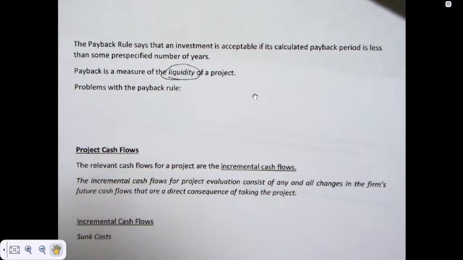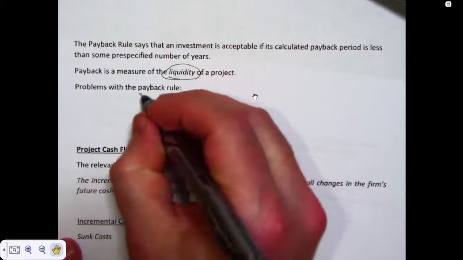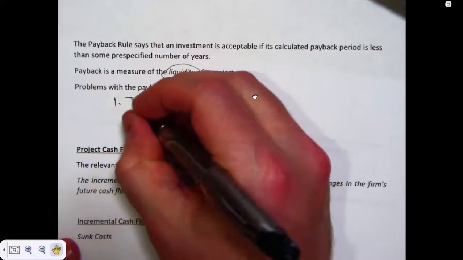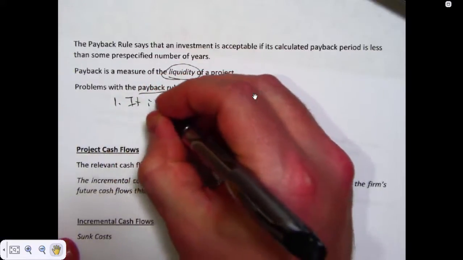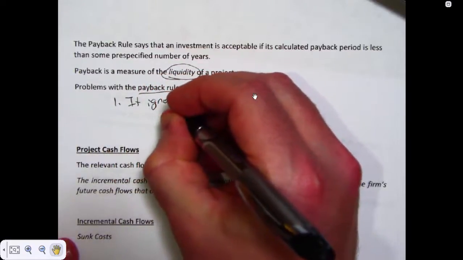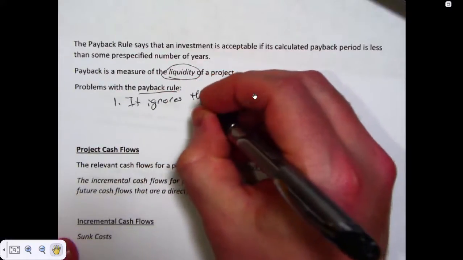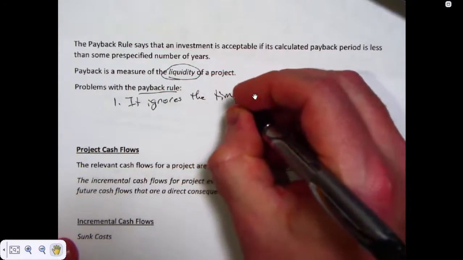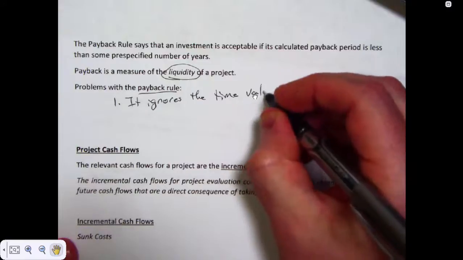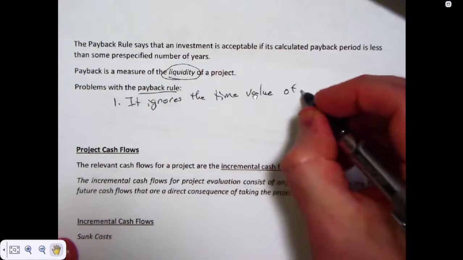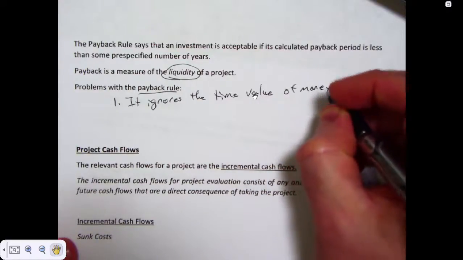There are 2 problems with the payback rule as a method. One, it ignores the time value of money. We don't discount back the cash flows. There is a method called the discounted payback method. It's kind of a problem because it actually gives you the same results as NPV.